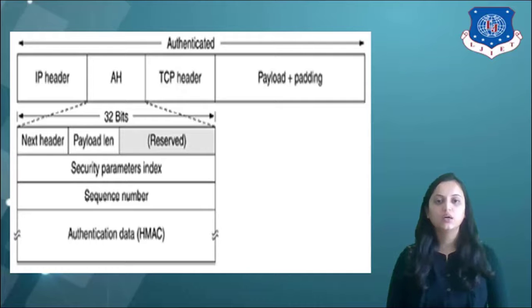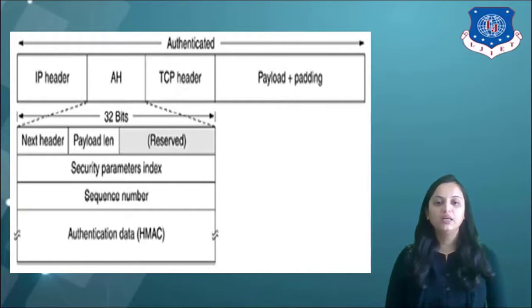In most cases, the code for TCP will go here. This authentication header is of 32 bits, which is divided into subfields, as you can see in the figure, where the next field is the payload length field, which is the number of 32-bit words in the authentication header minus 2.